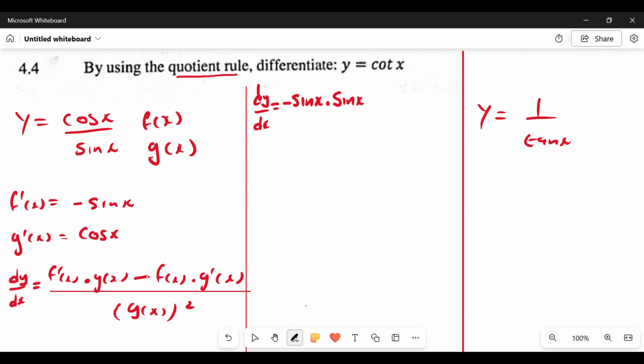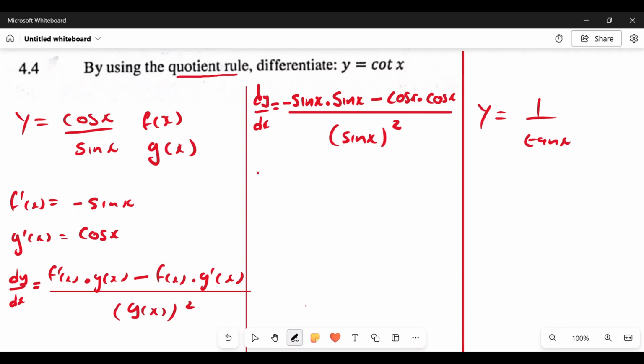Let us not forget the equation says minus here. So we say minus. f of x is going to be cos x multiplied by g prime of x, which is going to be cos x. All this divided by g of x squared. So our g of x, which is sine, is going to be squared there.